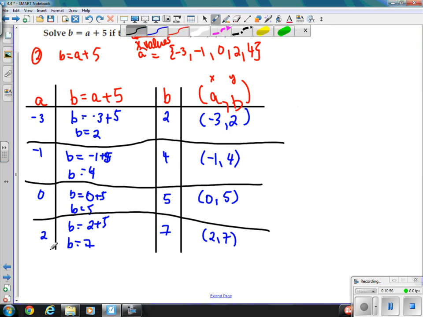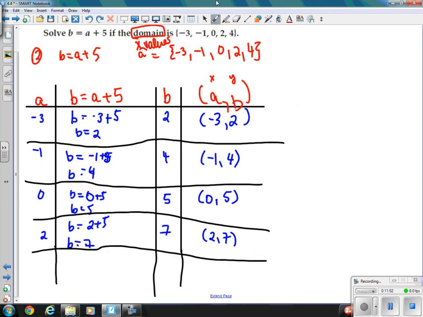Our very last one of our domain is 4. So 4, and we have b equals, a is now 4 plus 5, 4 plus 5 is 9, so b equals 9. Our b value over here is 9, and our ordered pair for this one is 4, 9.